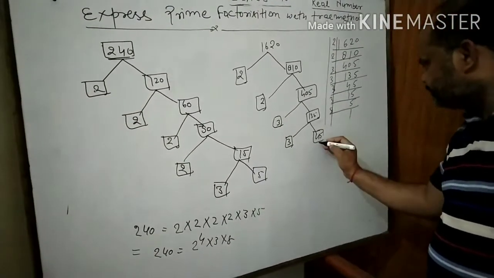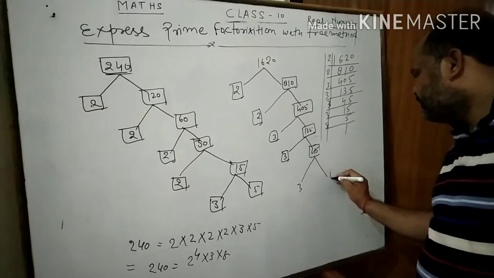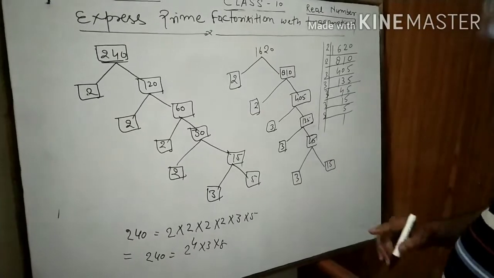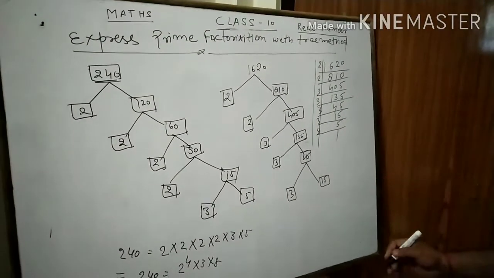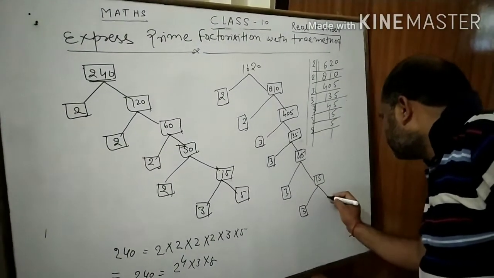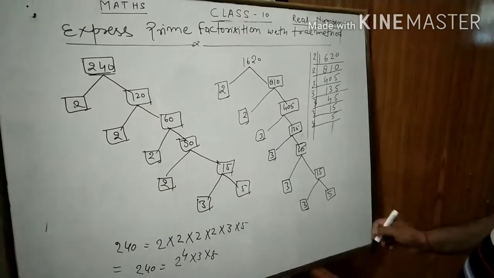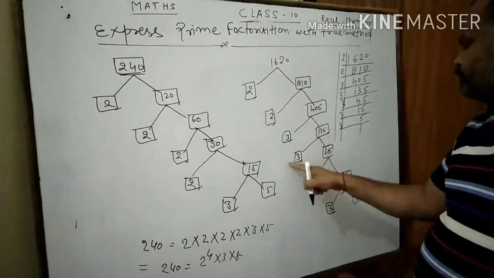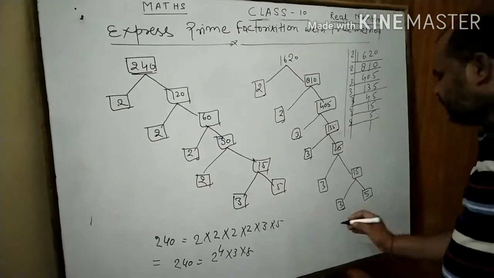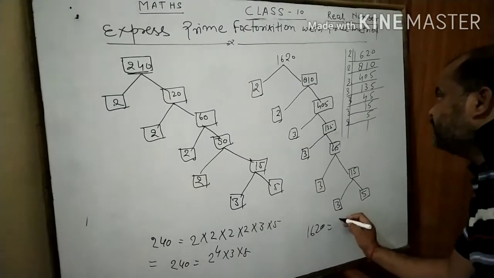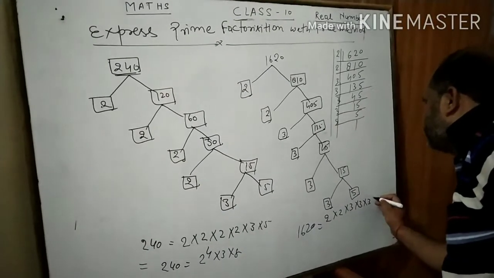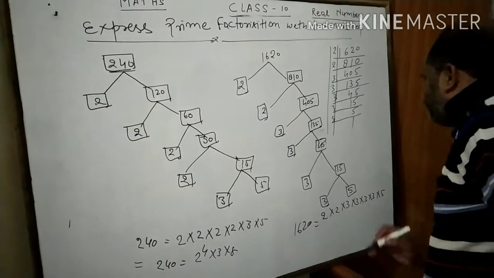In the same way it is 3 and 15; 3 is prime and 15 is composite. Then 15 is 3 and 5. Each branch of the tree, 2, 2, 3, 3, 3, 3, 5, is a prime number. So 1620 is 2 into 2 into 3 into 3 into 3 into 3 into 5.